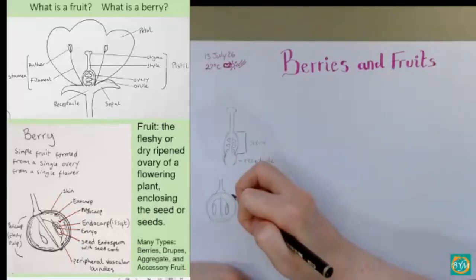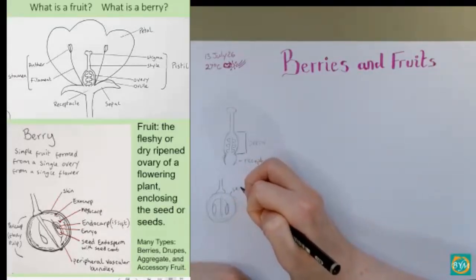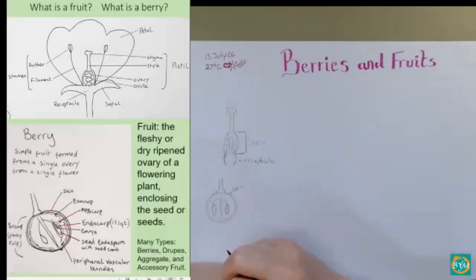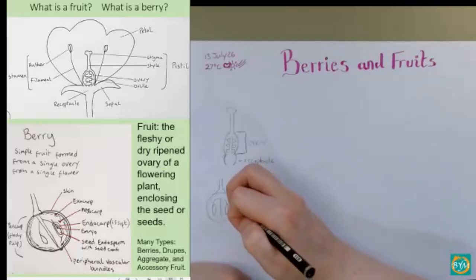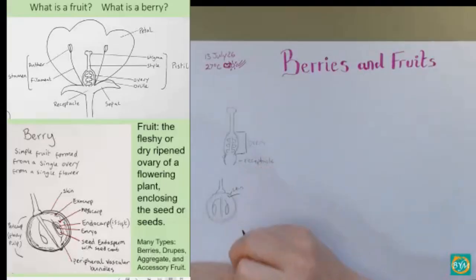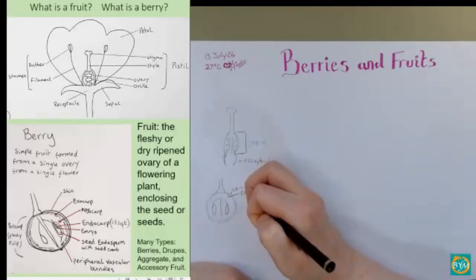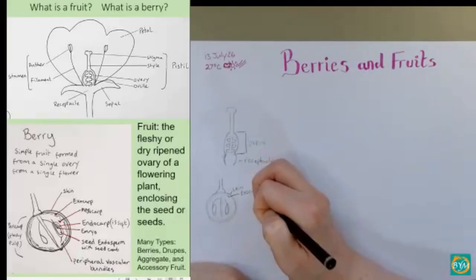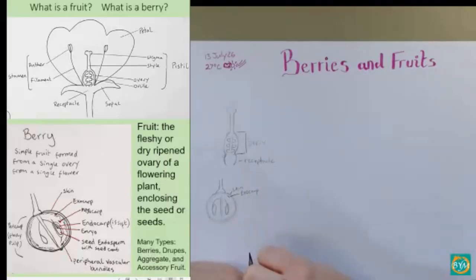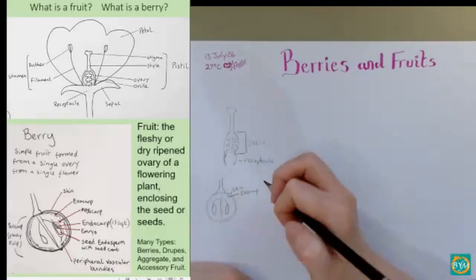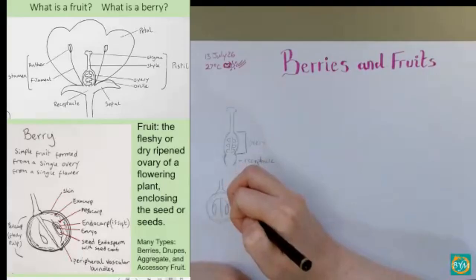So the outside we have skin, and then inside of that we have a small section, maybe not so small, called the exocarp. So exo being outside and carp, I think it's standing for carpal at this point, which is another word for a sort of fruiting body.